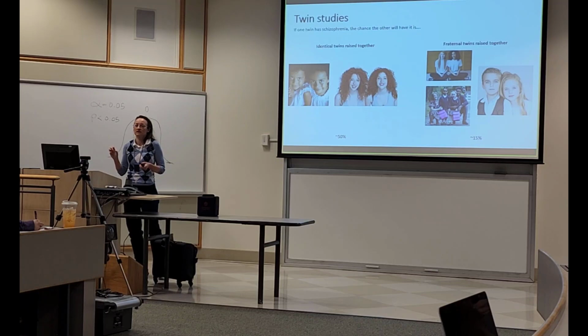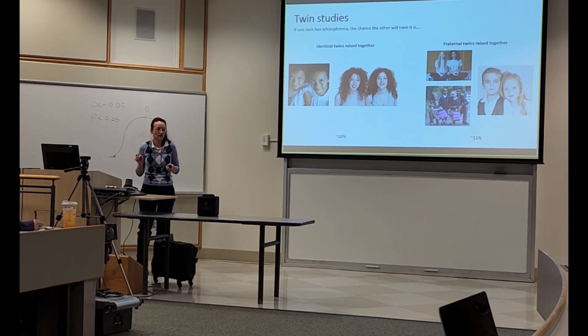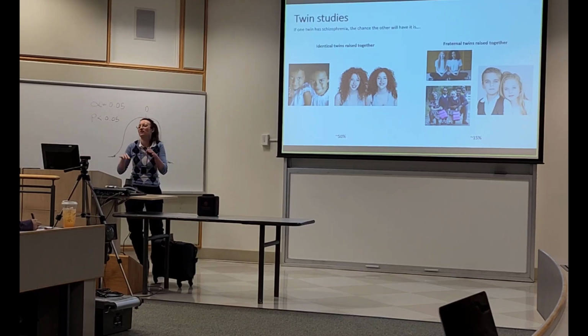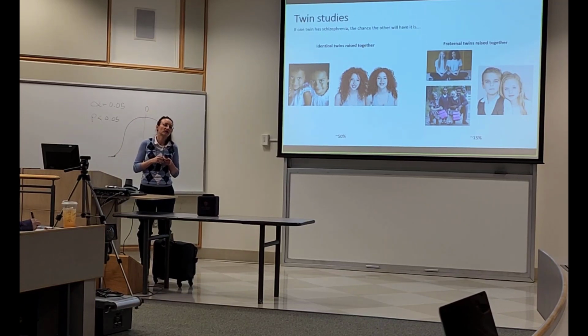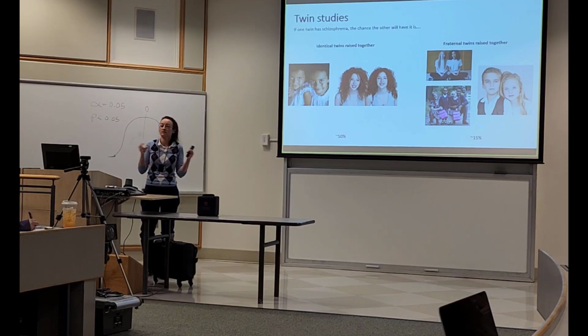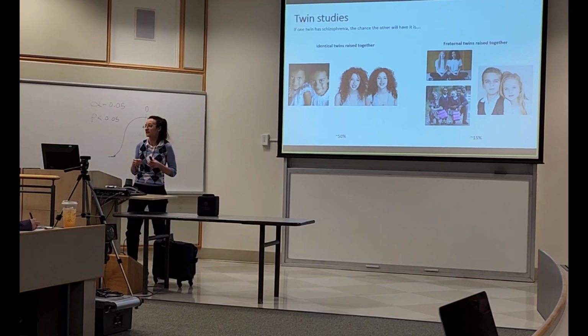Fraternal twins who are raised together are genetically different, or like siblings, but we'll say they have the same environment. It's not perfectly the same, good enough. And then we can have identical twins who are raised apart. Say they're adopted into different families.